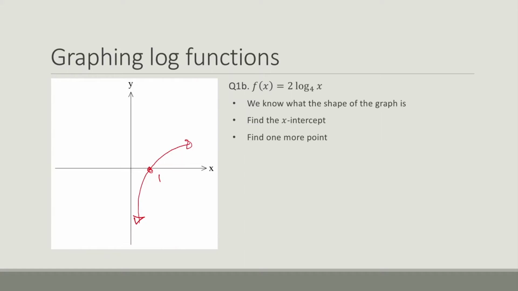But if you ever want to use an equation, 2 log base 4 of x equals 0, since the y value has to equal 0. Now if this side equals 0, then the 2 doesn't really matter. And log equals 0 when x equals 1.